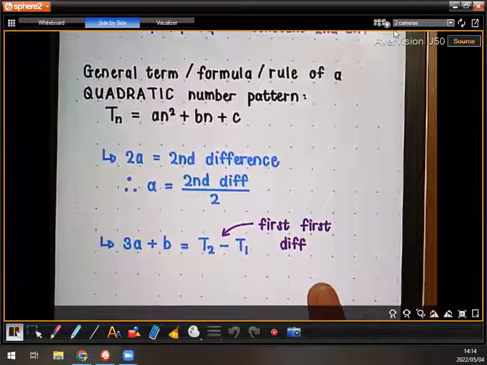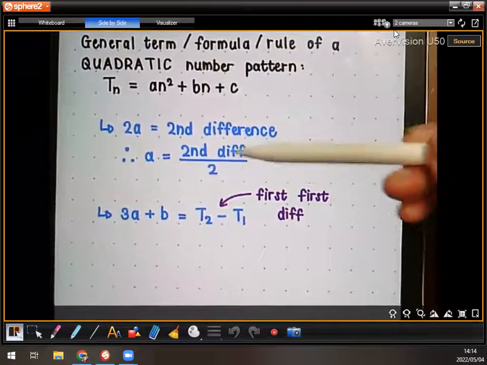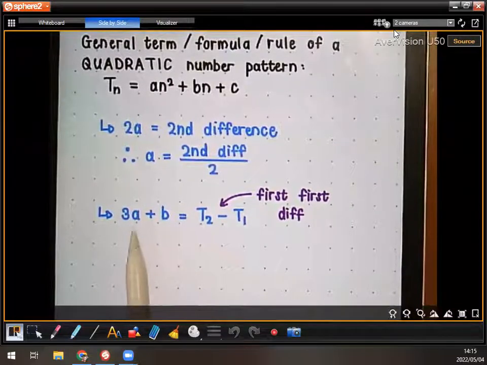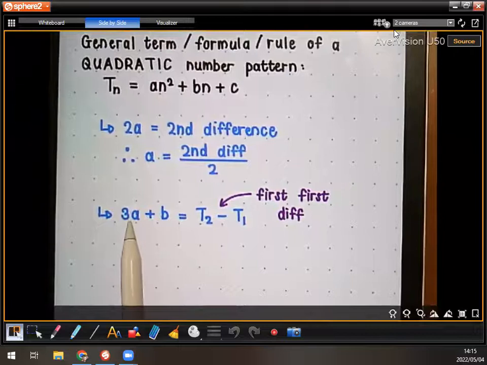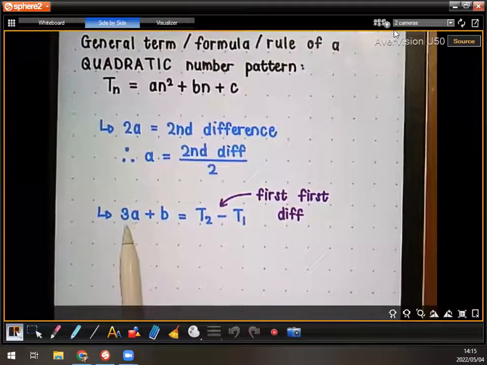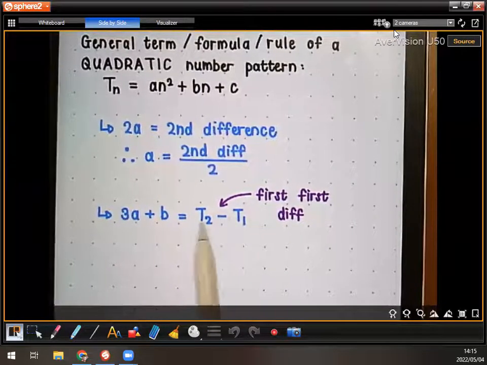You will have an answer for a from the first step. You are then going to put that number in the place of a. So 3a is actually going to be a number as well, because you calculate a in the first step.